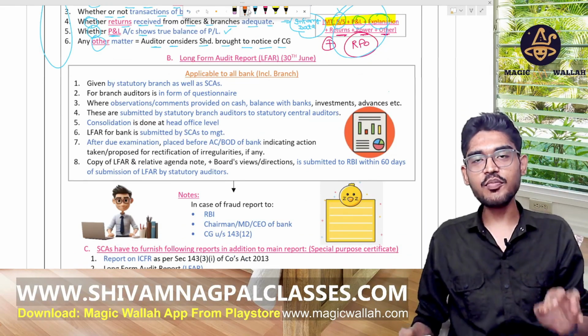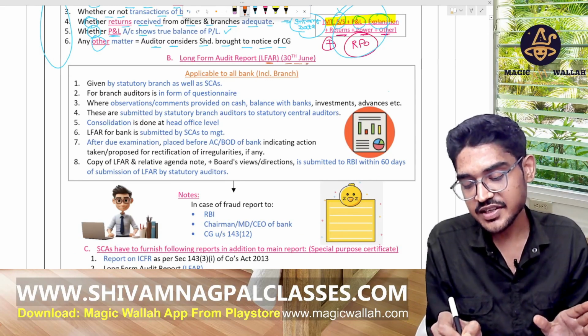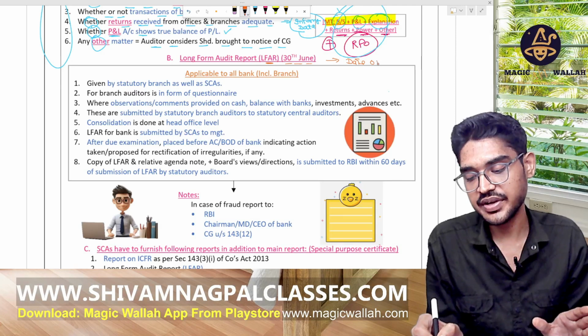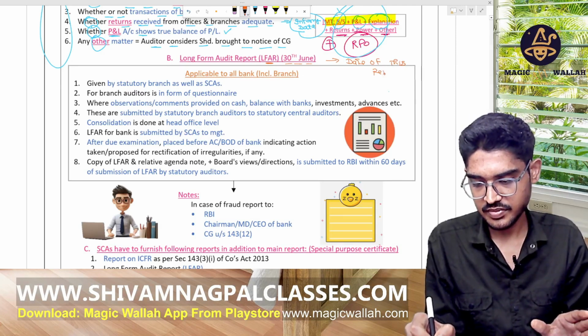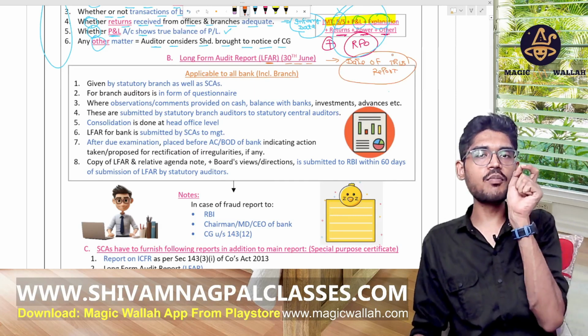So long form audit report, LFAR. The date is 30th June. This is the date of this report. Can be asked in MCQ. So LFAR, long form audit report.